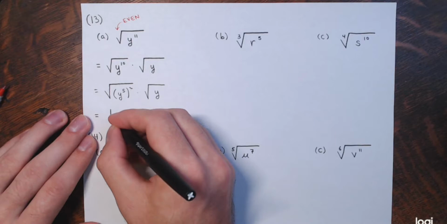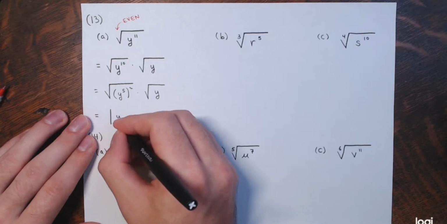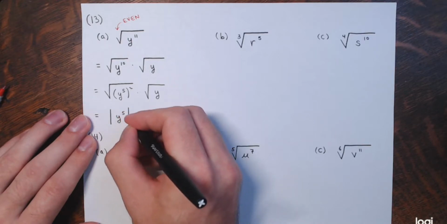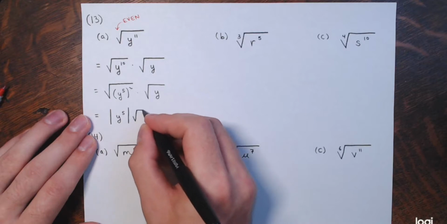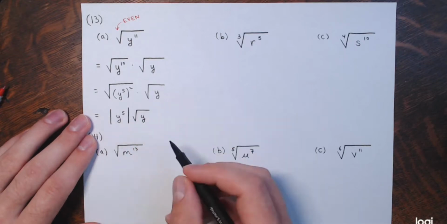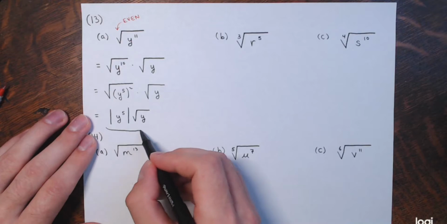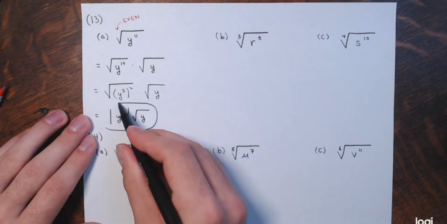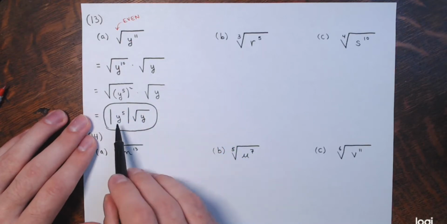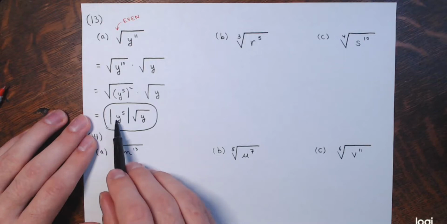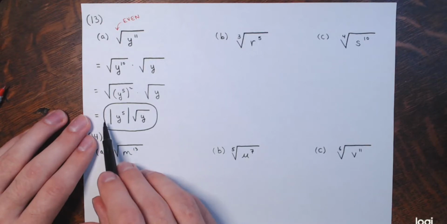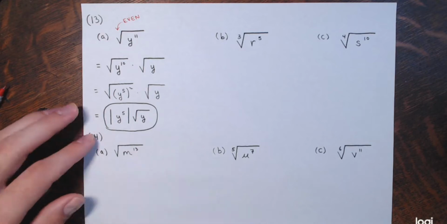So this is the absolute value of y to the 5th times the square root of y. And there you go. This is totally fine here. Now remember, you could also pull out y to the 4th, because that'll never be negative, and throw it outside the absolute value symbols, but I'll just leave it this way for now.